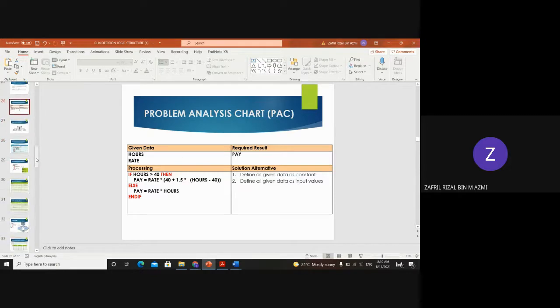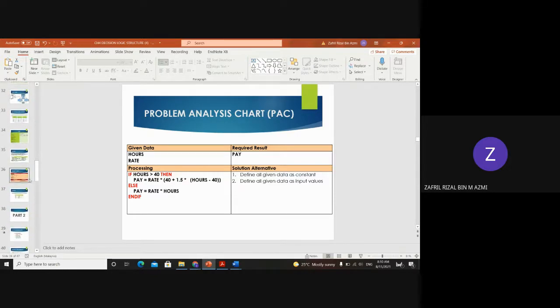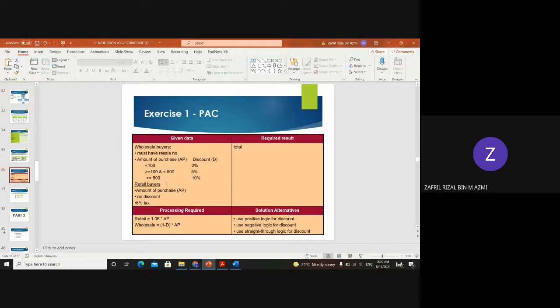For example, over here is another way to write down the PAC. We put the decision in the given data. If you have a table, just copy and paste the table over here in the given data. Then it is accepted.